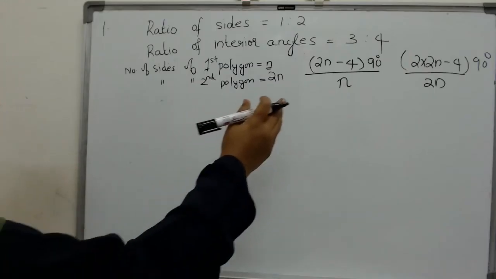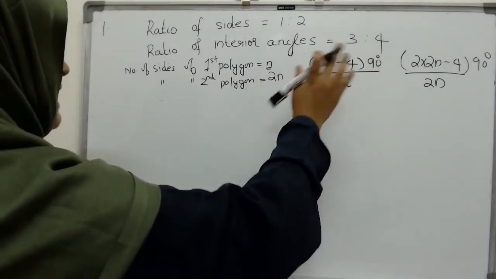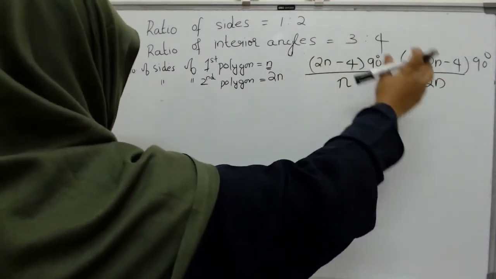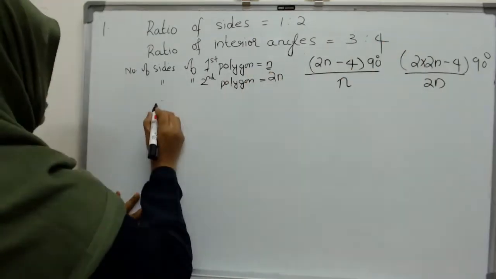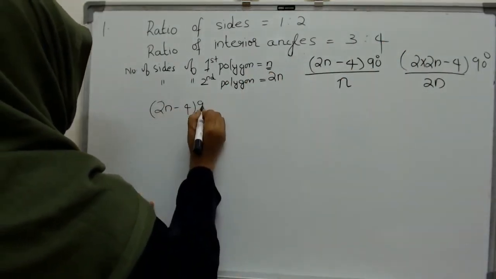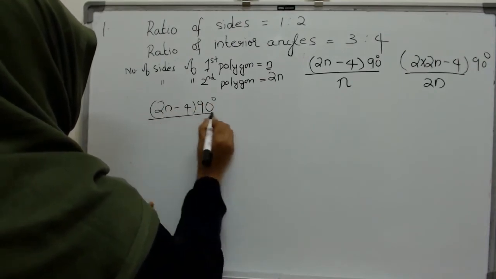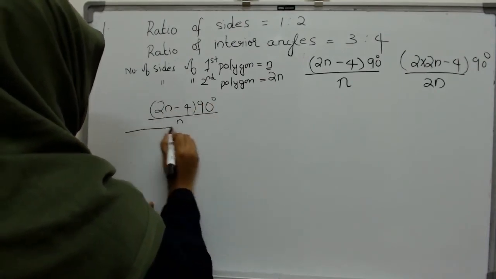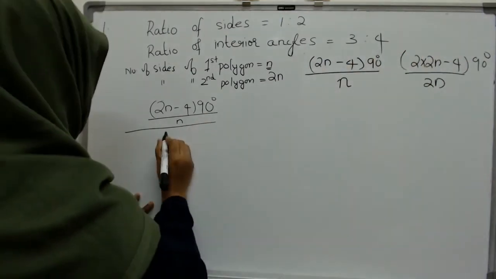What does the question tell us? The question tells us that the ratio of their interior angles is 3:4. So that means the whole by this one, 2 into 2n would be 4n.